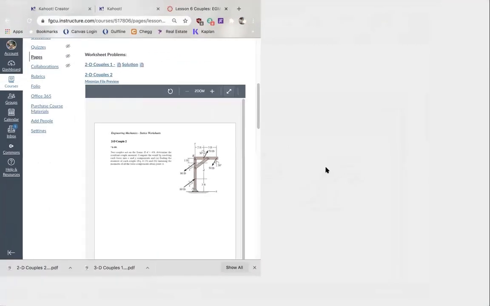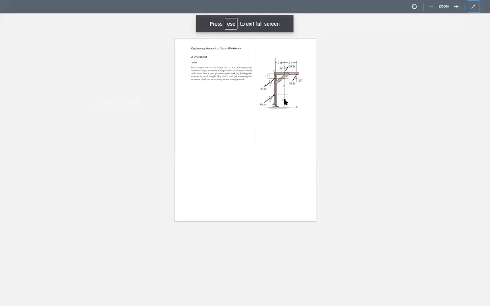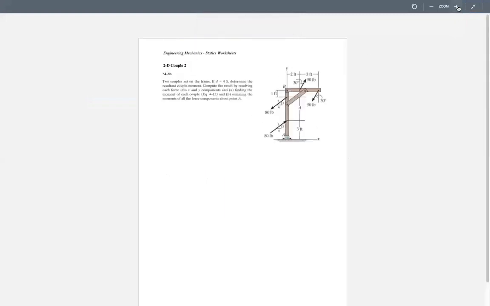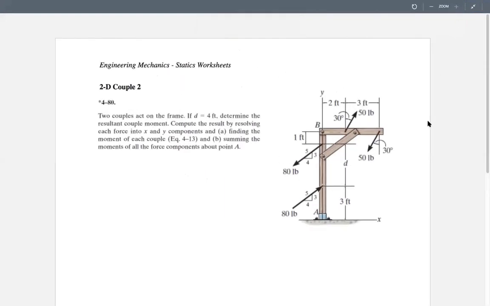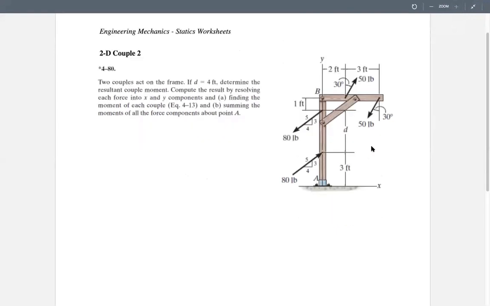So this problem was super tricky because everything was at funky angles, right? The big hint in this problem is that the only distance that's really labeled in this couple is the x distance, or the perpendicular distance for the y components.